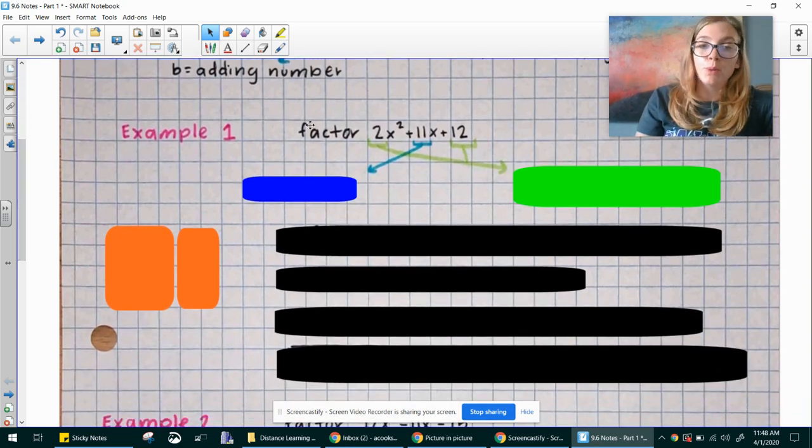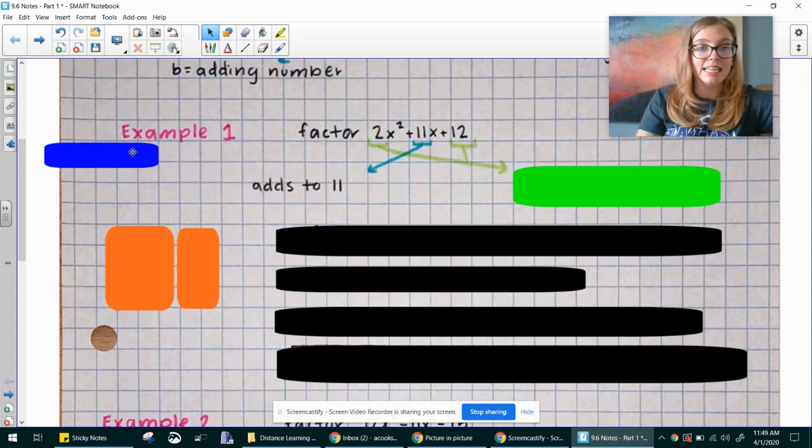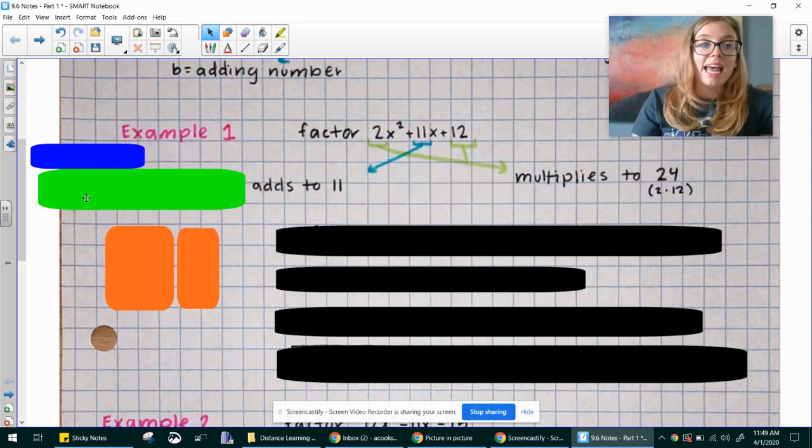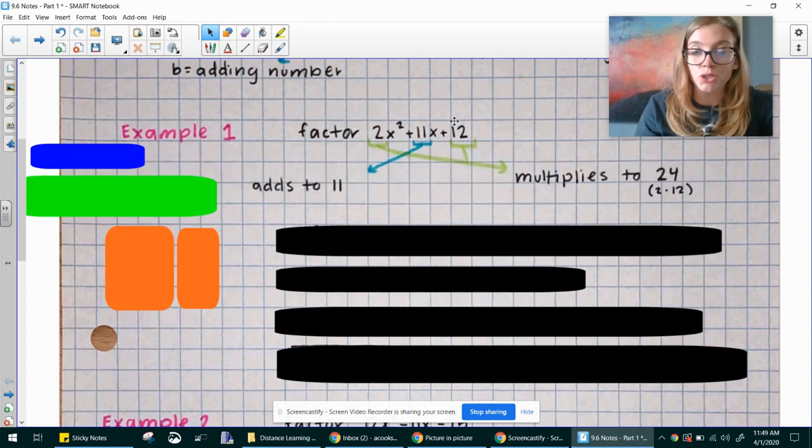So for example 1, we are going to factor 2x² plus 11x plus 12. 11 is our adding number, and the product of 2 and 12 will be our multiplying number. So we need to figure out what two numbers add to 11 and multiply to 24. So let's look at our options.